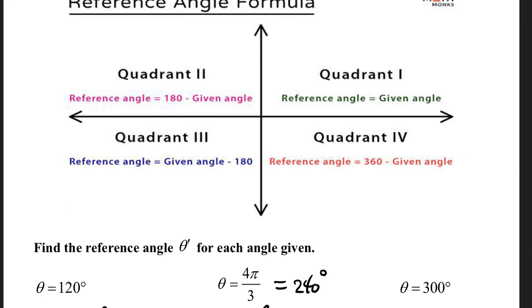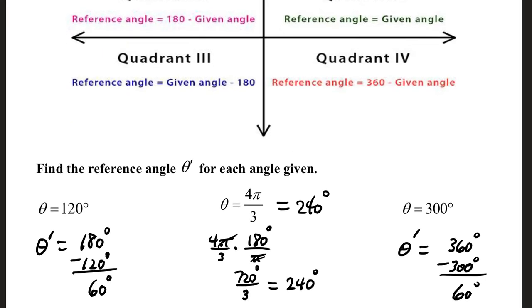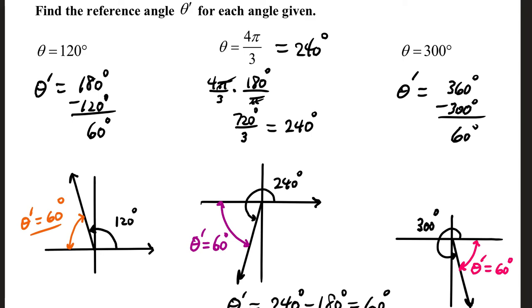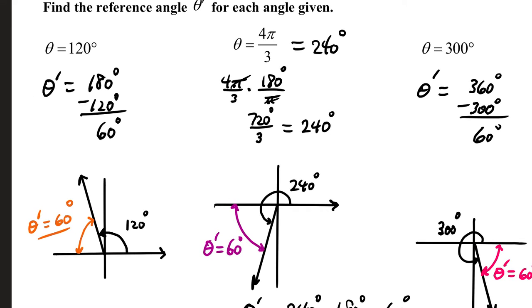This chart gives you sort of a methodology to calculating a reference angle. I just go by visual and intuition. So let's check that out on these examples below. Let's find the reference angle for each of the angles given.